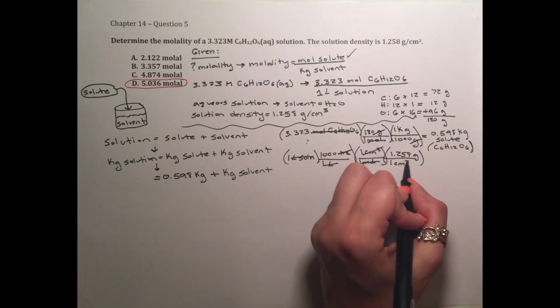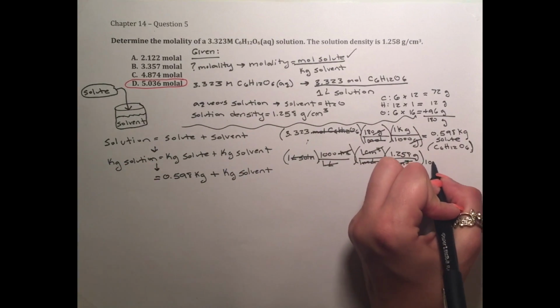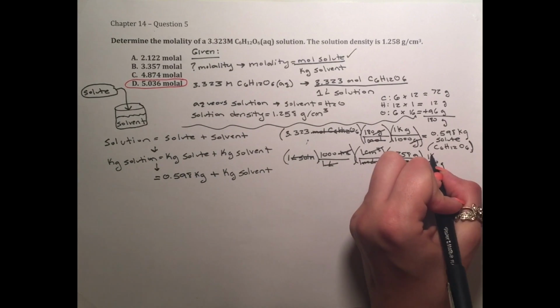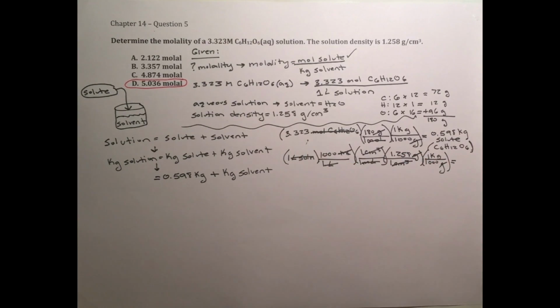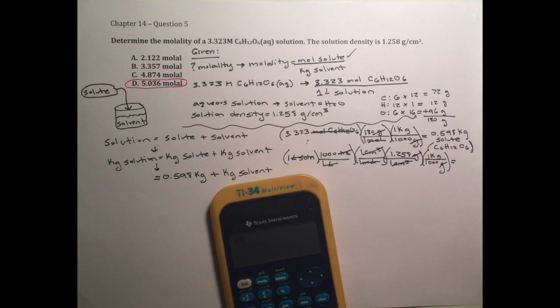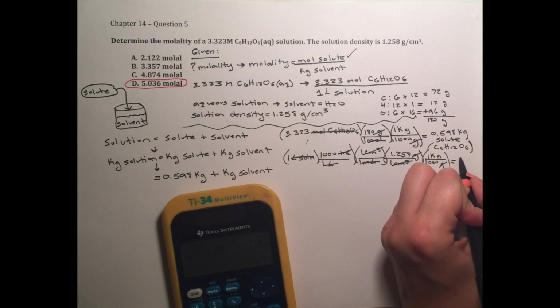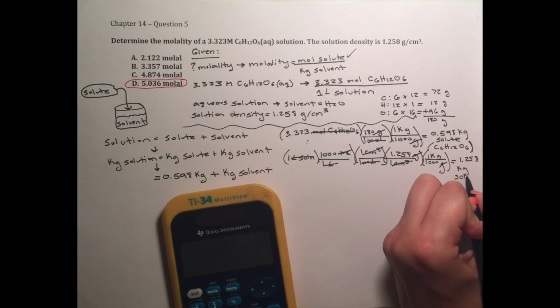So let's cross out our centimeters cubed, and let's get to kilograms because that's what we need. 1,000 grams in 1 kilogram. Cross out our grams, and let's find how many kilograms of solution we have. So 1000 times 1.258 divided by 1000 gives us 1.258 kilograms of solution.